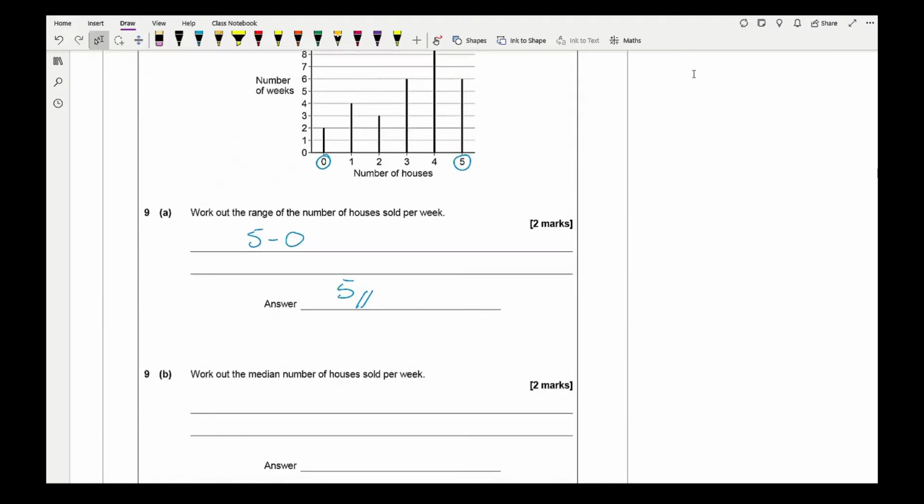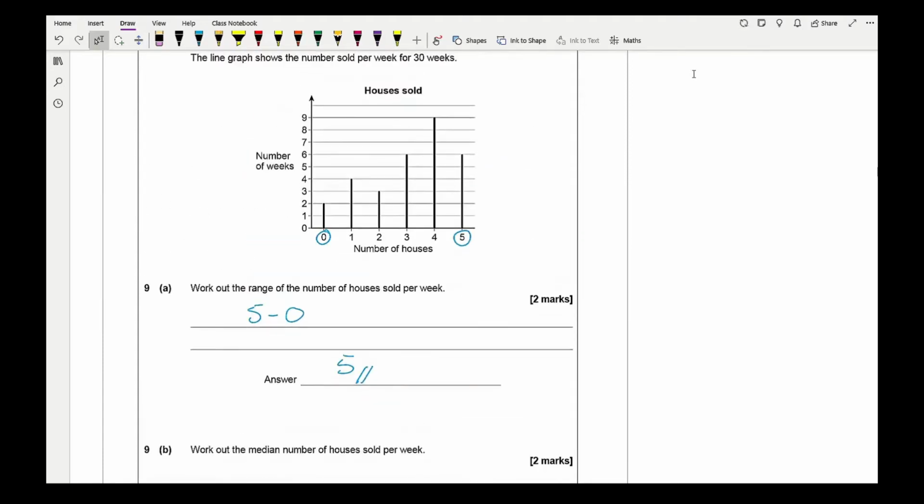Now part B then says work out the median number of houses sold per week. Now to work out the median, I'm looking for the 15th number, or actually it's going to be between the 15th and the 16th number. So what I need to do is find out where the number 15 comes in. So here I've got 2, then 6, 9, and 6.